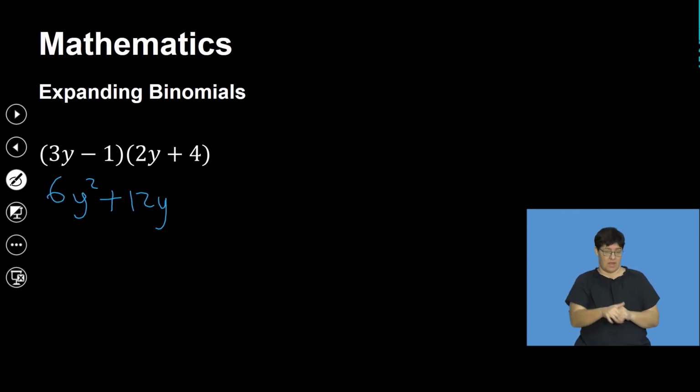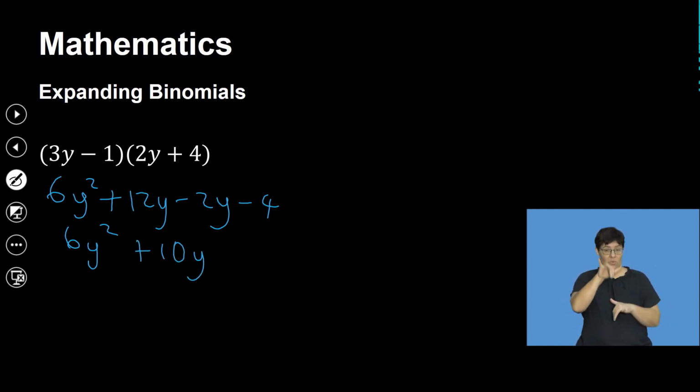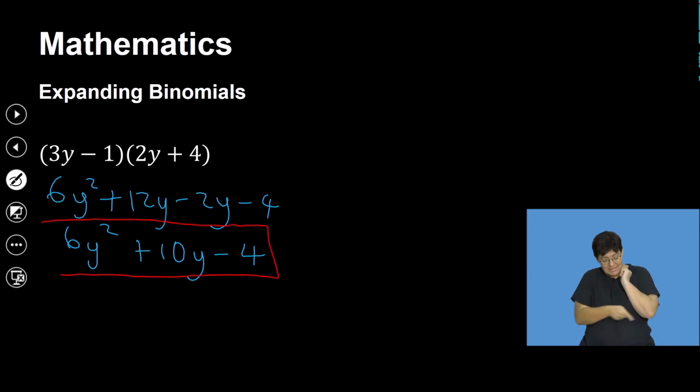Minus 1 by 2y gives me minus 2y. And then minus 1 by 4 gives me minus 4. And this will then end up being 6y squared plus 10y minus 4. So this answer that I have here at the end is what we then call the trinomial.